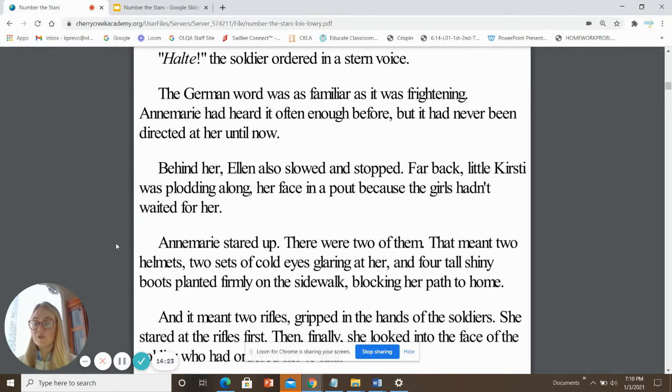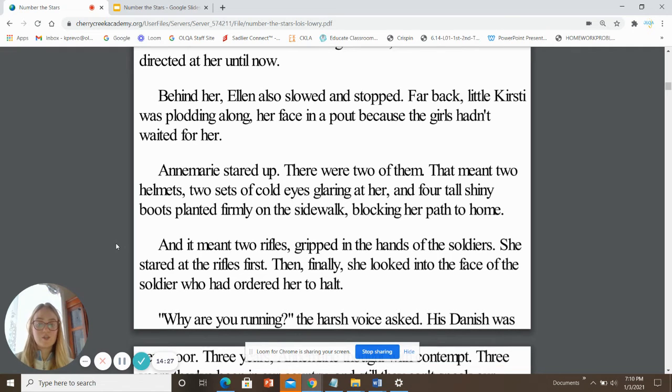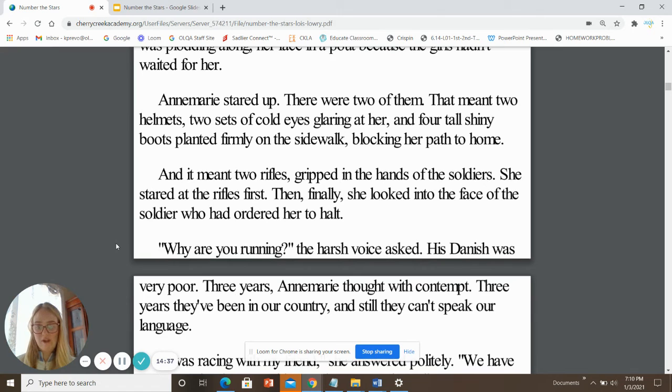And it meant 2 rifles gripped in the hands of the soldiers. She stared at the rifles first. Then, finally, she looked into the face of the soldier, who ordered her to halt. Why are you running? The harsh voice asked. His Danish was very poor.